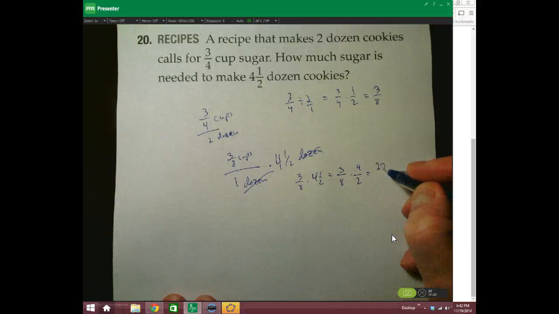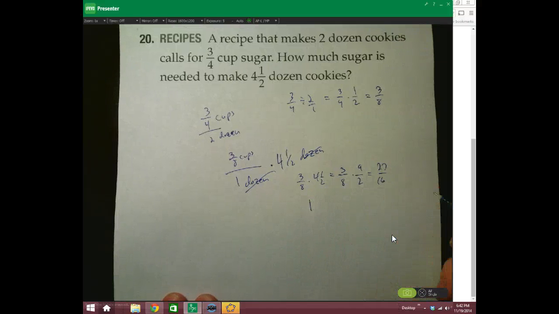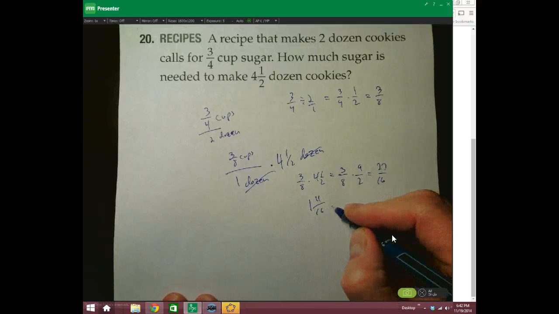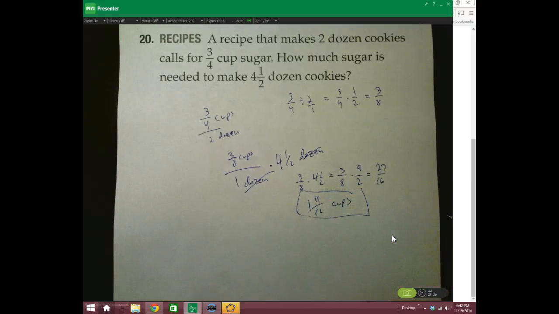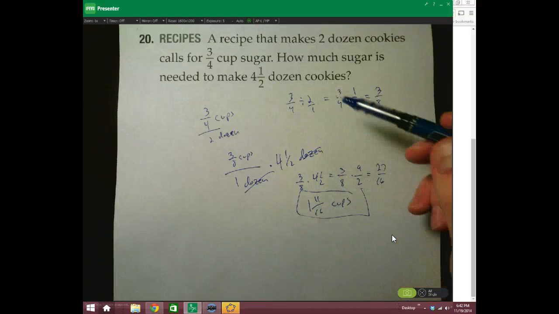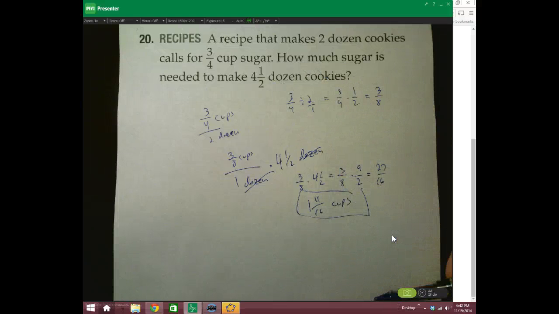That ends up giving us 27 over 16, which is 1 and 11/16 cups. So for us to make 4.5 dozen cookies, we'd have to have 1 and 11/16 cups of sugar. And that's it for the review for section 6.2.